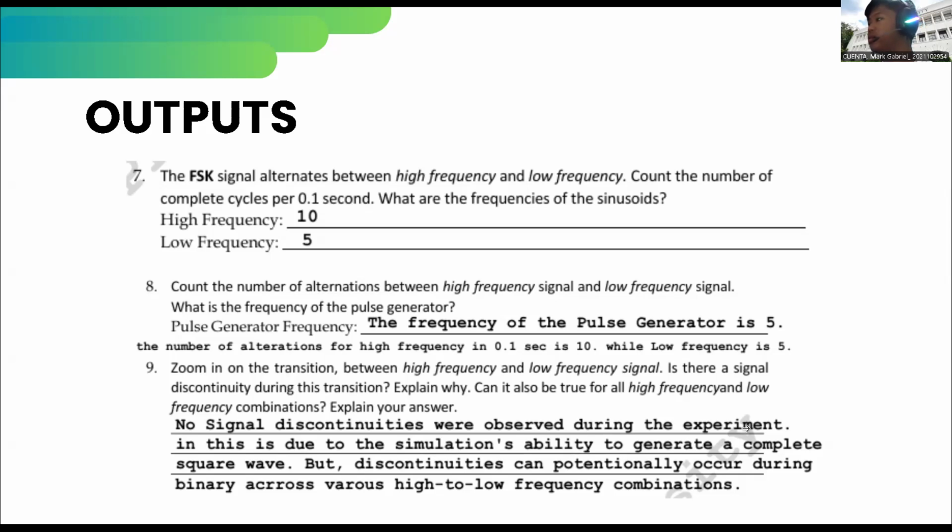The result confirms the modulation process is functioning correctly.